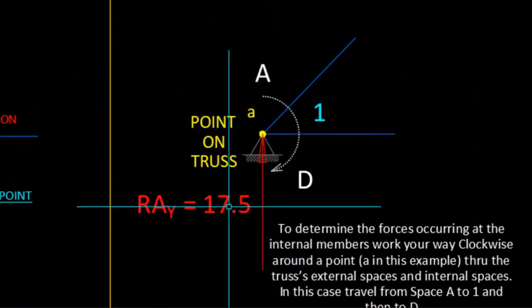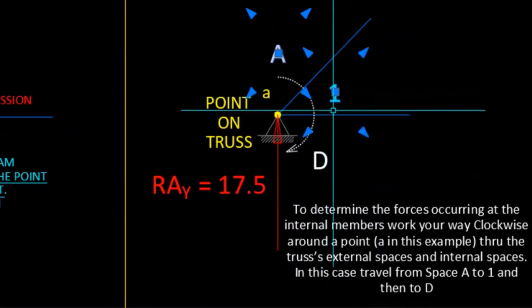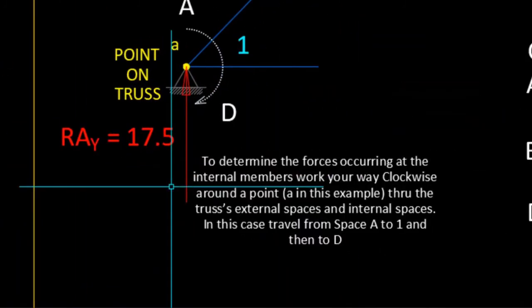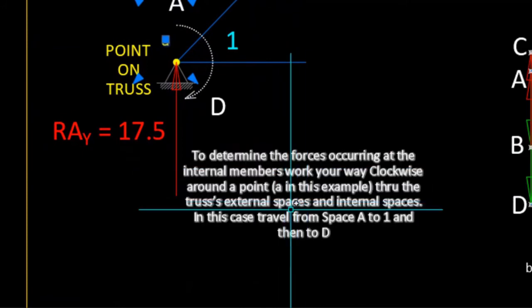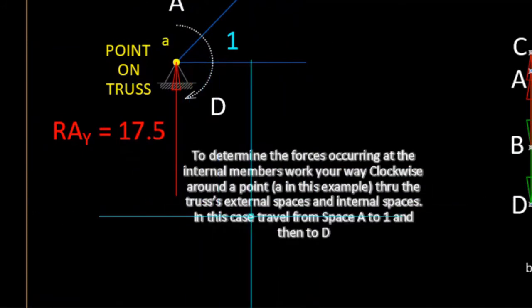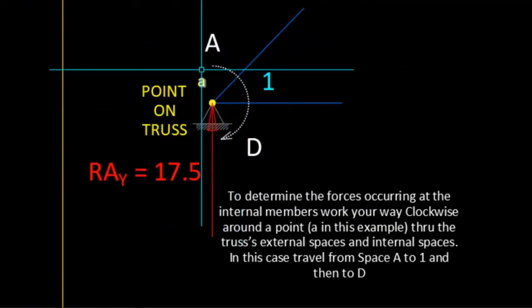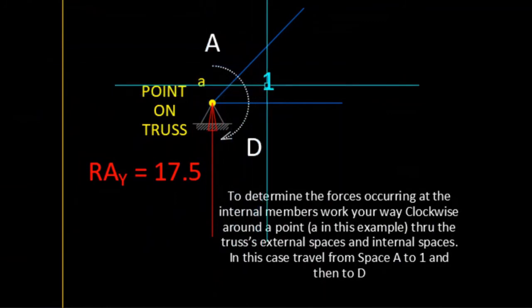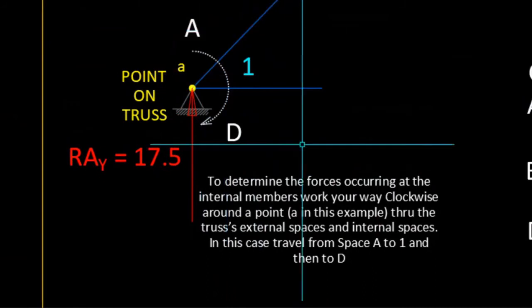Once again, we have force RAY, we have the two force members, we have space A, space 1, and space D. So to determine the forces occurring at the internal members, we're going to work our way clockwise around point A, lowercase point A, through the truss's external spaces and internal spaces. Again, it doesn't matter if you have an internal space first or external, as long as you're working clockwise through the forces that are unknown.